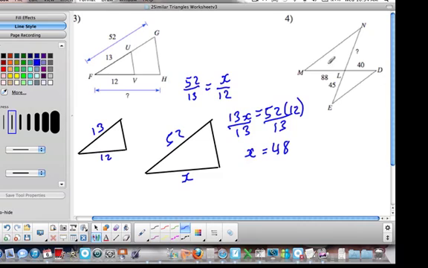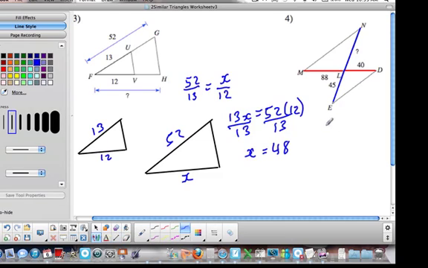Okay, if you do this question the same way, the corresponding sides are going to be this side and this side. So LM corresponds to LD, and LN is unknown, which corresponds to this side LE, and we just sub in to the proportion.